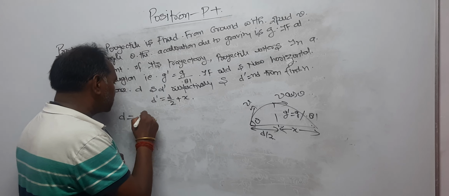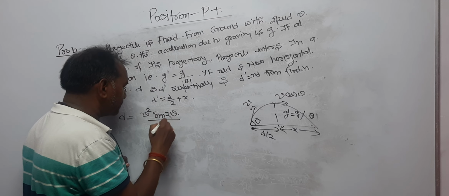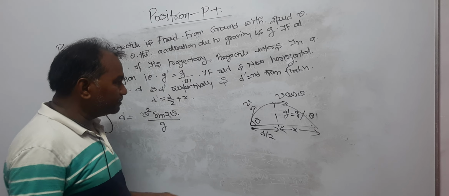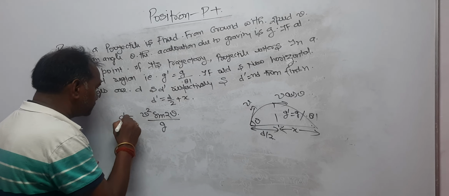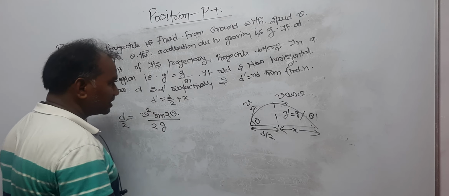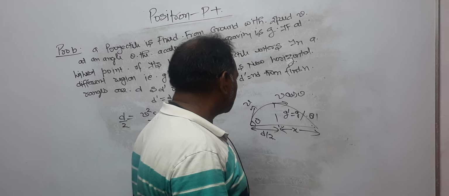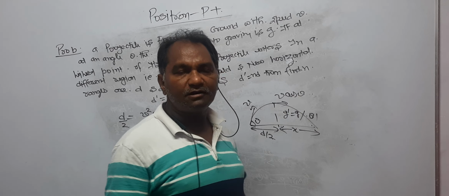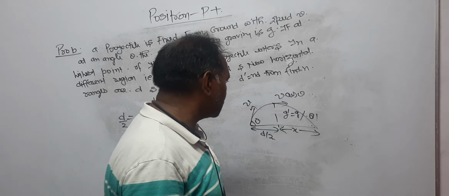You know this is v square sine 2 theta upon g. But because we have to find only d by 2, d by 2 is this much. Now, at the highest point, the velocity will be v cos theta. It will be left only with the horizontal component of velocity.